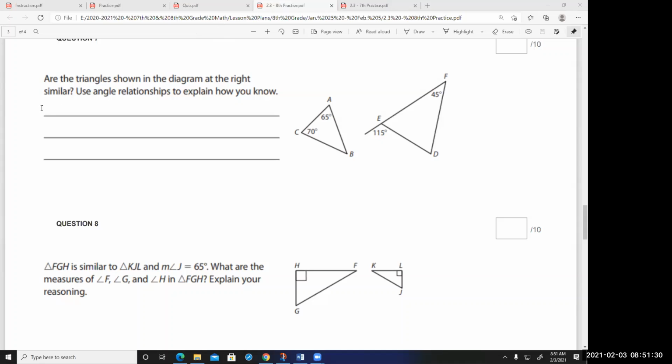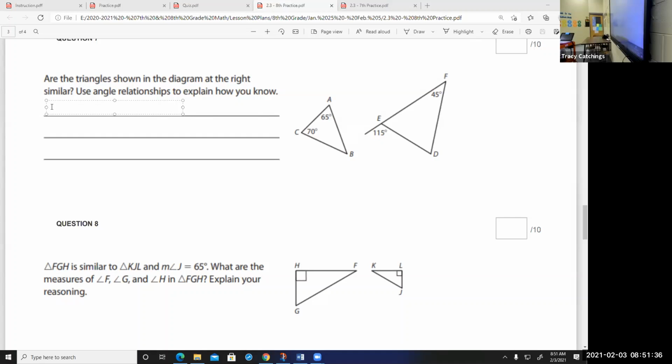I think since we don't know B, that B and F would probably be the same angle. We can't figure out what's the same yet until we figure out what we know. So before you say they're the same, give us some background information to help us see why they're the same.